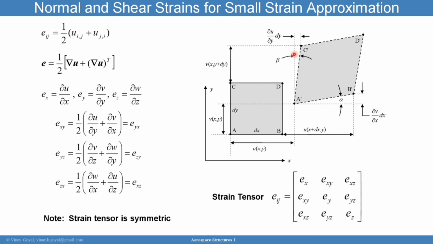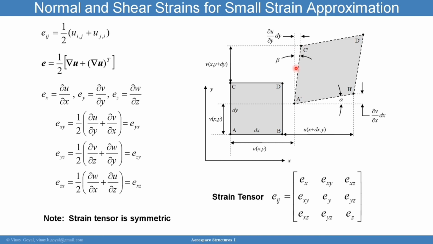And what you find here is that since this distance is u, and this distance here is u(x plus dx, y), you can calculate this length and this length, and what you end up getting is (dv/dx) dx. And here you get (du/dy) dy. I ask you to pause the video to see if you can get to that.